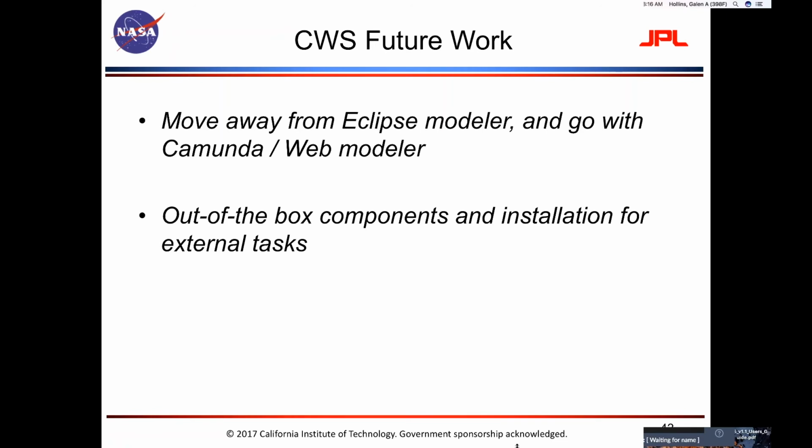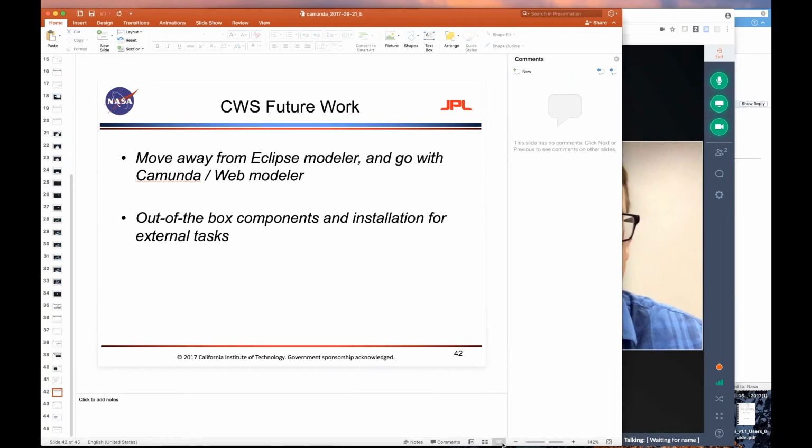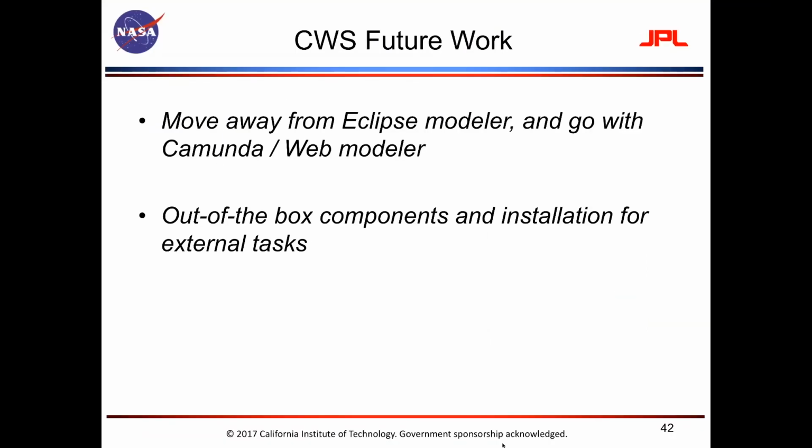We will also be improving upon the external tasks components, which we're really excited about, which allow us to run tasks on remote machines. And this is the framework that Camunda has set up.